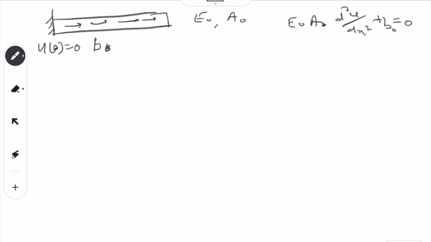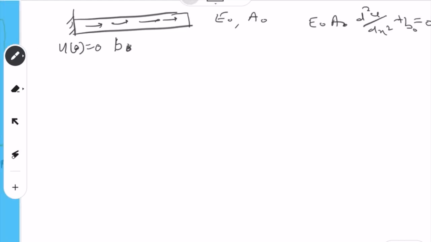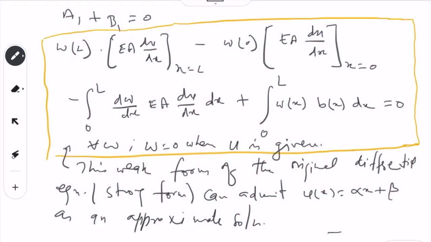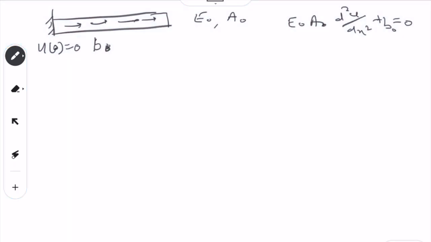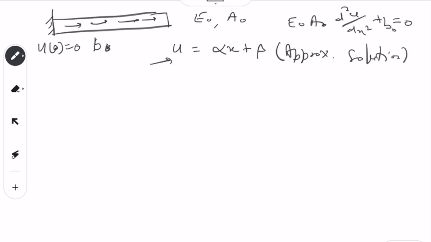If you look at the weak formulation, we will start from the weak formulation. So our assumption is u is equal to alpha x plus beta, this approximate solution. You can call it a test function, and wx is called the weight function.